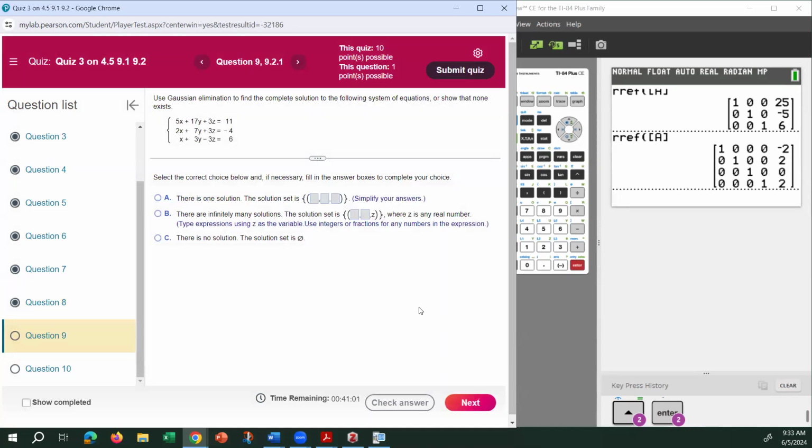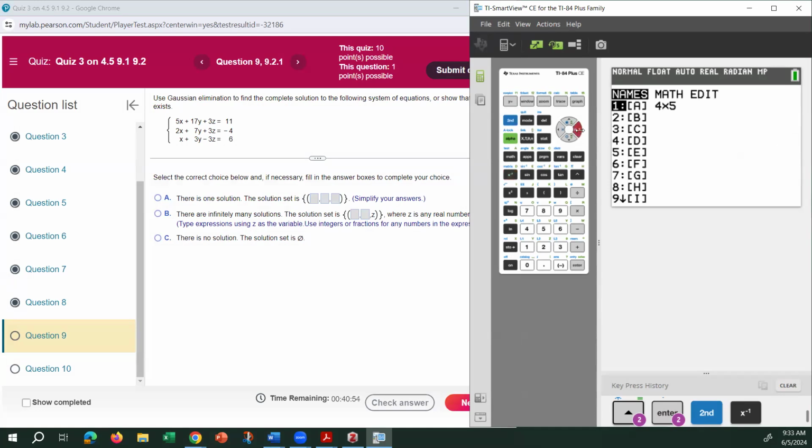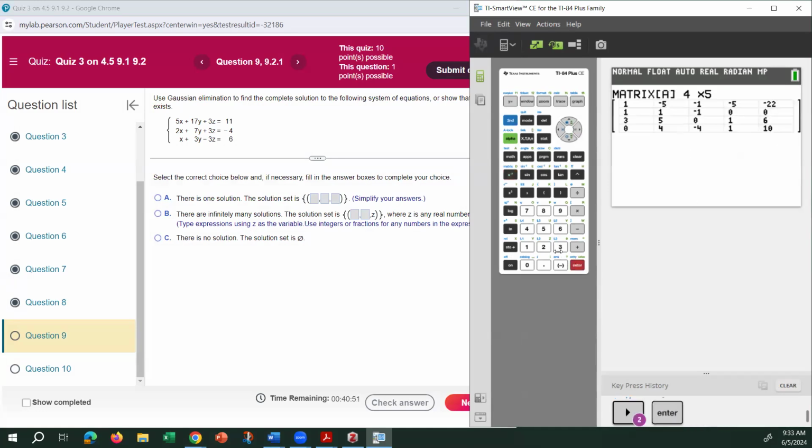Okay, question 9. We're going to do it again. Let's go to matrix and then edit. You need to enter this 3x4 matrix in. 5, 17, 3, 11, 2, 7, 3, -4, 1, 3, -3, 6.